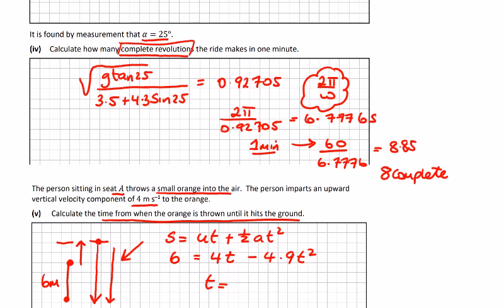Doing it that way, it takes 20 over 49 to get to the point where it stops, and then the distance traveled in that time is 40 over 49, and so on. You can work your way down: that plus 6 is the distance down to the bottom, and you'll get the same answer as if you do it this way, which is a bit quicker. It will take 1.59 seconds to get to the bottom.